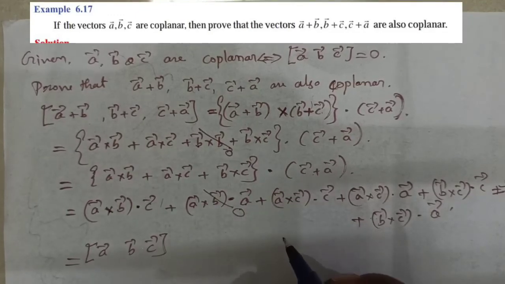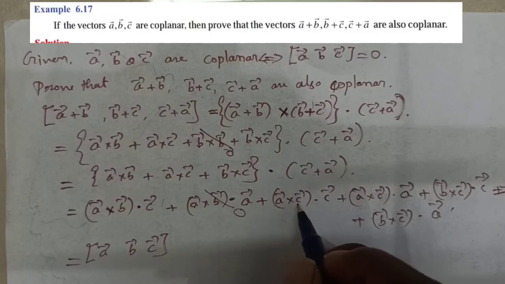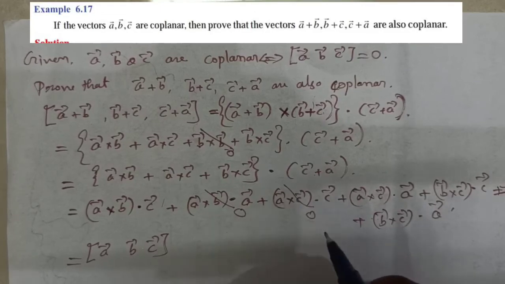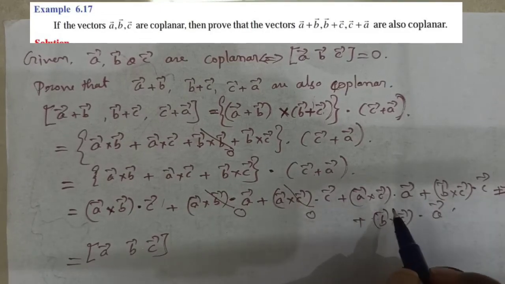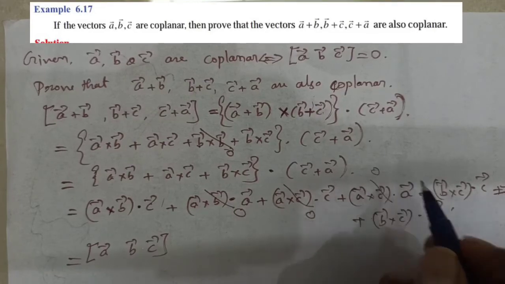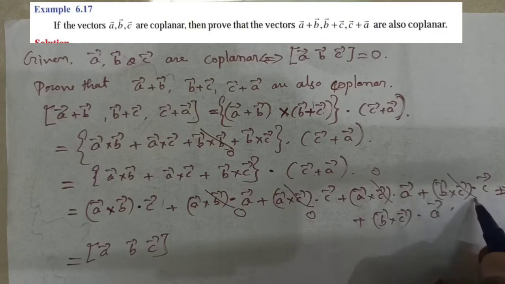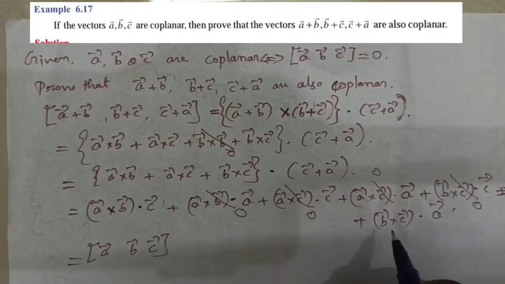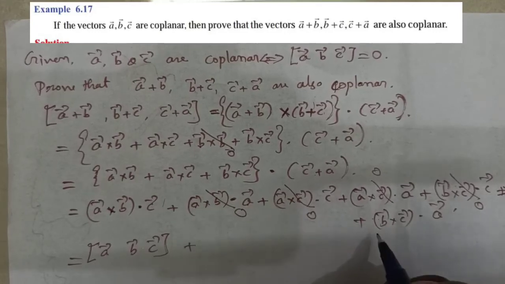We know the result. So here A appears two times, so this is also 0. Here C appears two times, so this product value is also 0. So finally we have the last one, plus B cross C dot A.